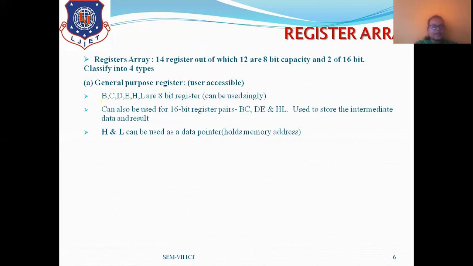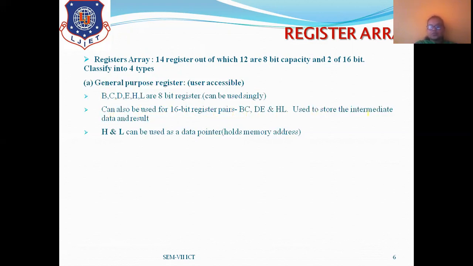They are called B, C, D, E, H and L. These 6 are 8-bit registers and can be used singly, right? If we want to use these 6 registers as 16-bit registers, then we can use them as a register pair, right? Compulsorily we need to use the register pair as BC, then DE and HL, right?